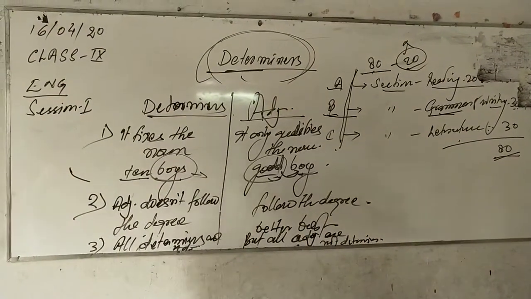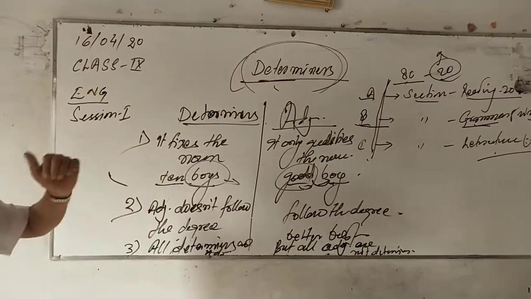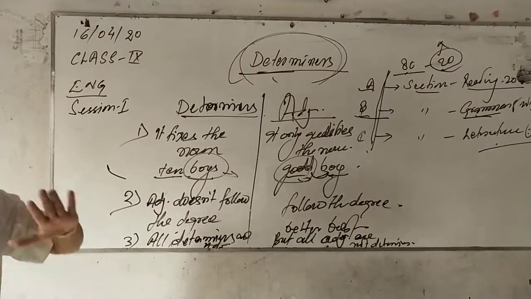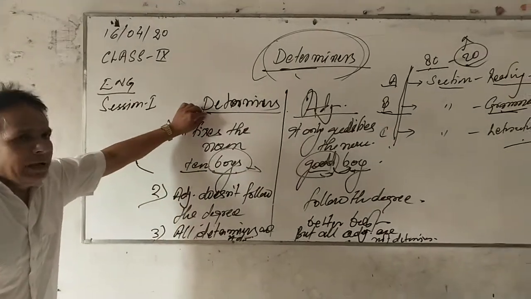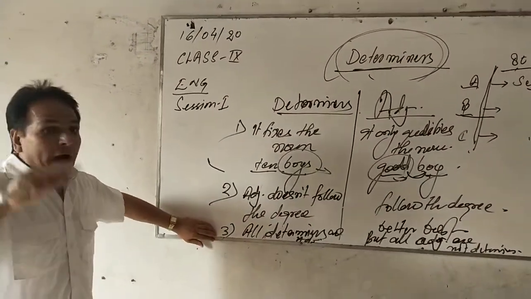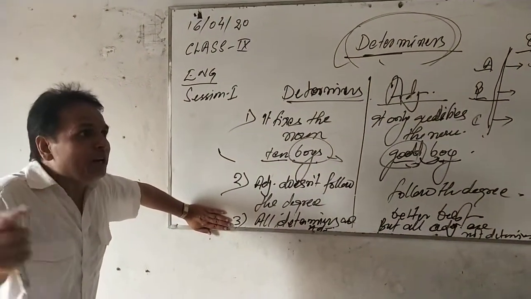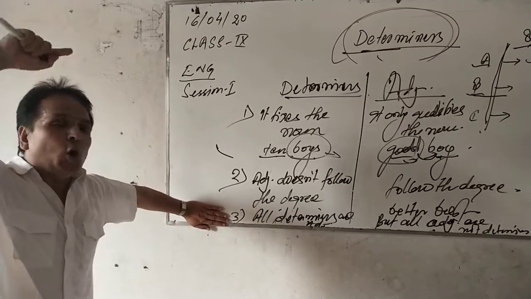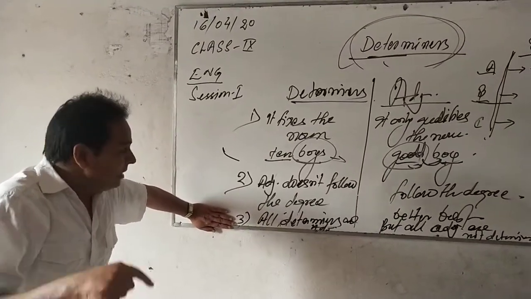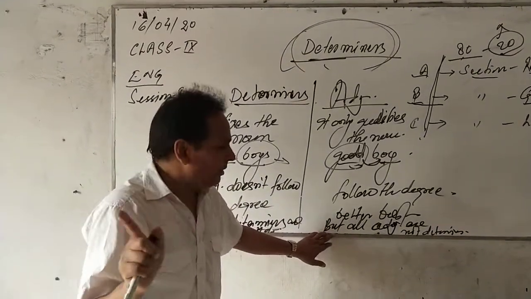As for example, many. We cannot write many, manier or manyest. We cannot write much, mucher or muchest. So a determiner doesn't follow the rule of degree. And the third difference, as we know that the determiner is taken from the category of adjective, therefore all determiners are adjectives, but all adjectives are not determiners.